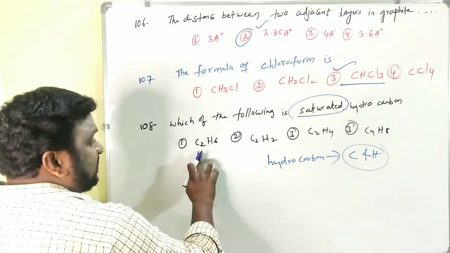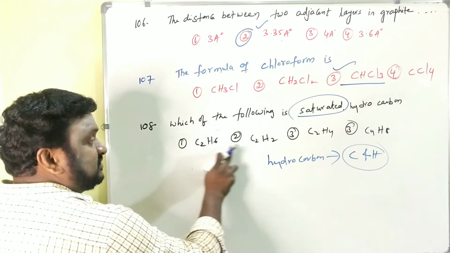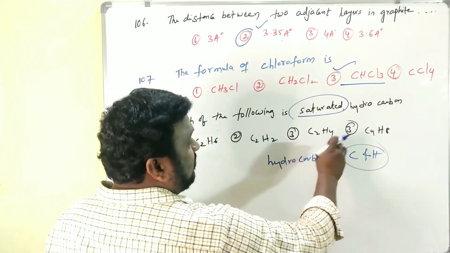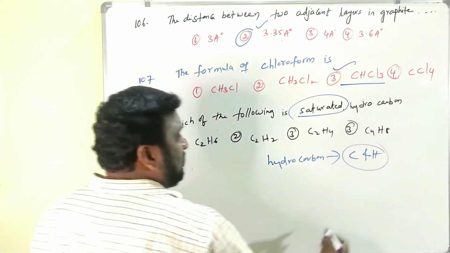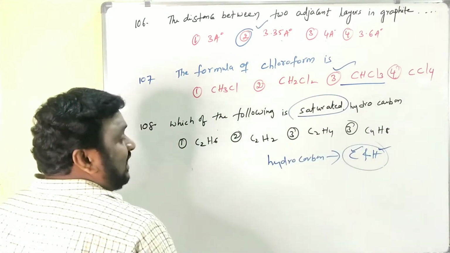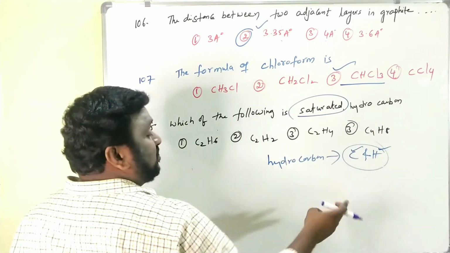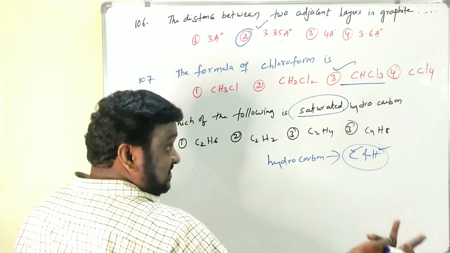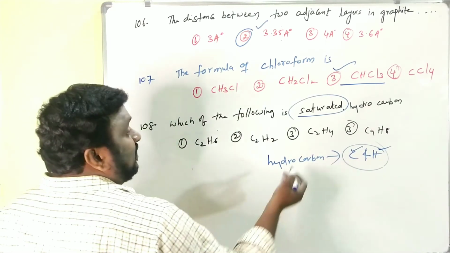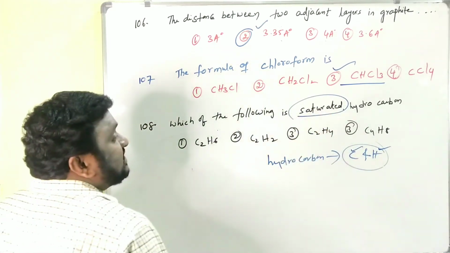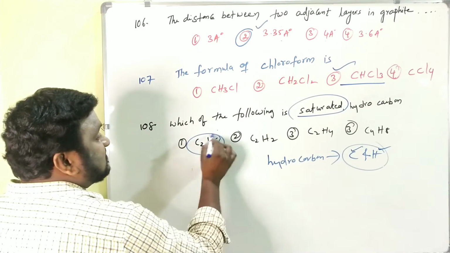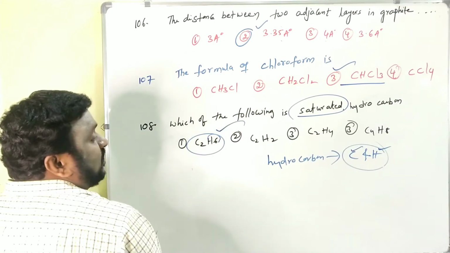Look here, C2H6 has only carbon and hydrogen, again C2H2 carbon and hydrogen, C2H4. The compounds which have only carbon and hydrogen are called hydrocarbons. And hydrocarbons are divided into saturated and unsaturated hydrocarbons. Among them alkanes are called saturated hydrocarbons. So among these four, C2H6 is the saturated hydrocarbon.